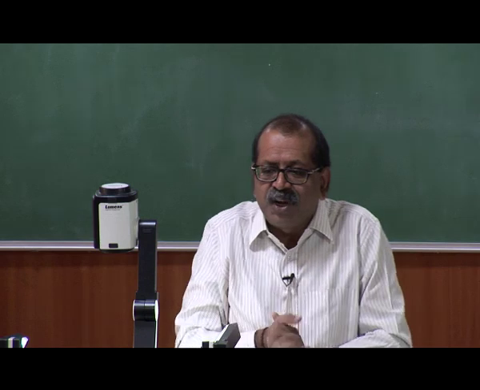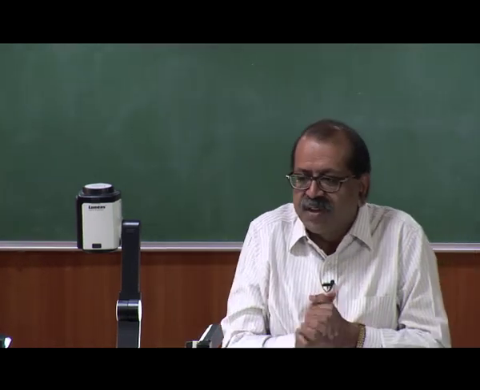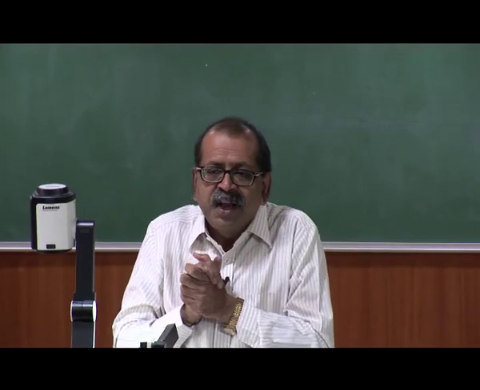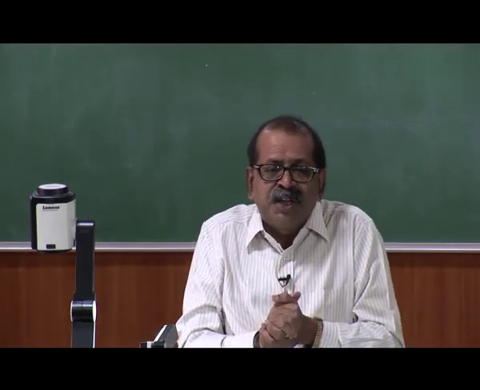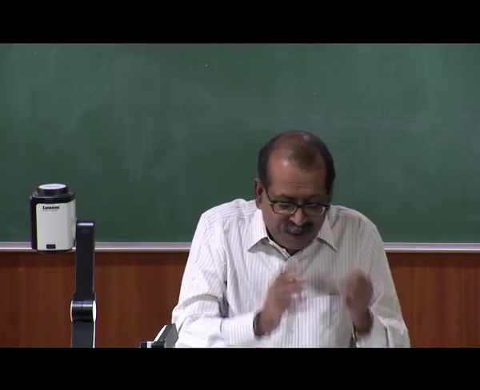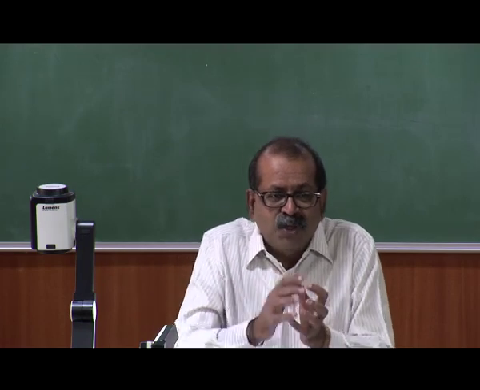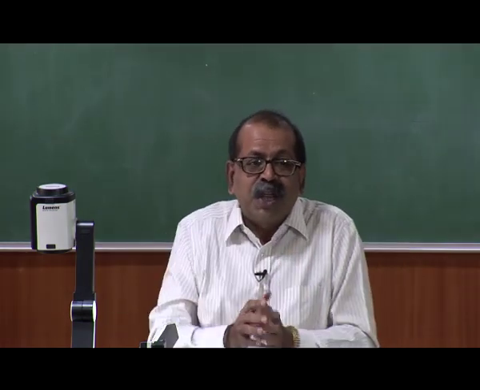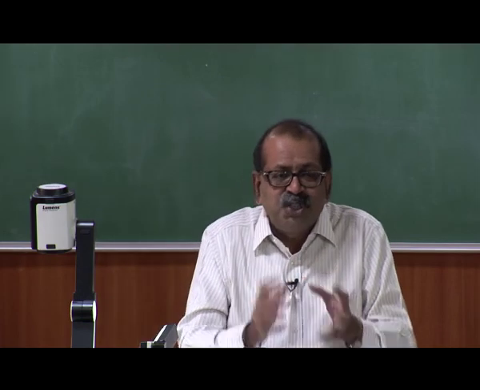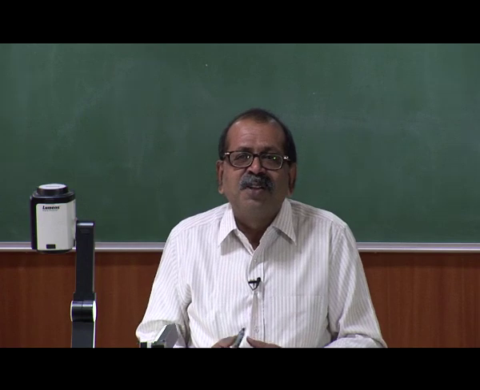G.I. Taylor was a renowned scientist in UK. At Cambridge, he was a mathematician, and what Taylor did was, from the pictures of those explosions, how the wavefront was travelling, he was able to estimate the energy of the explosion using what we have done, dimensional analysis.